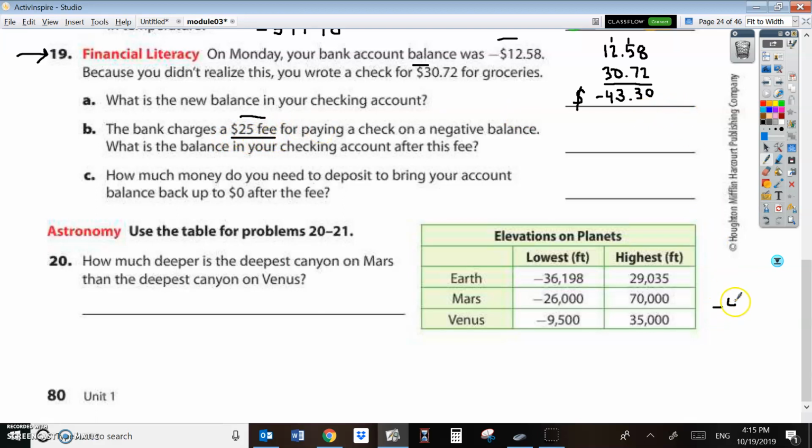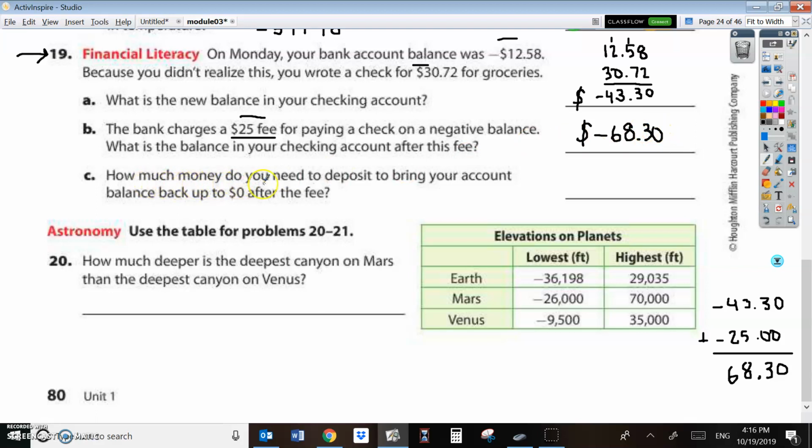So negative 43.30 plus negative 25 is going to be 8 and 6. So money, negative 68.30.